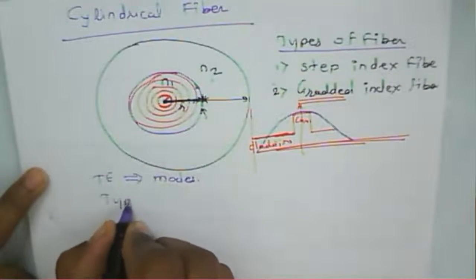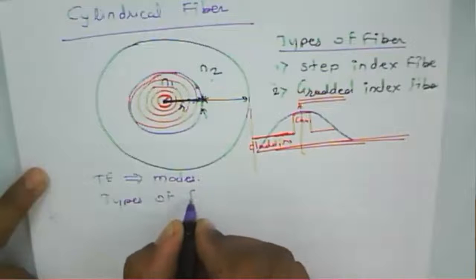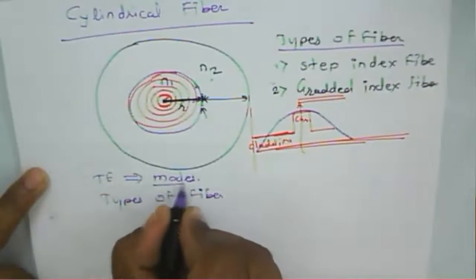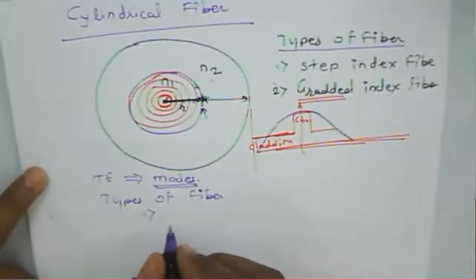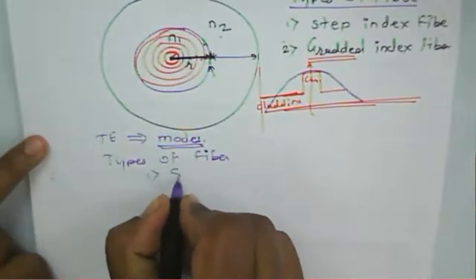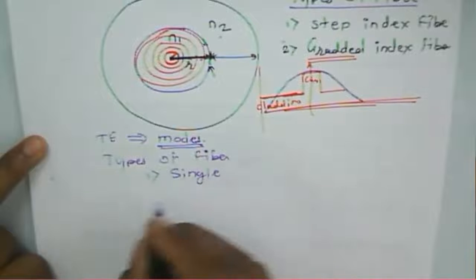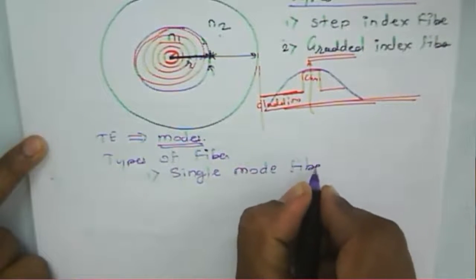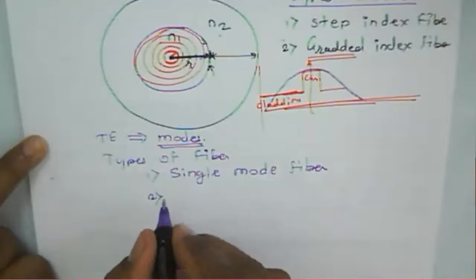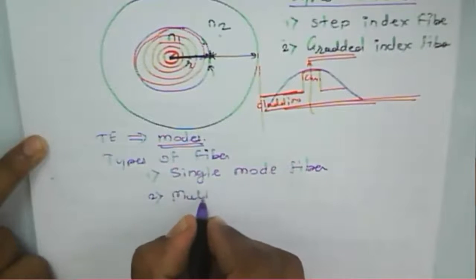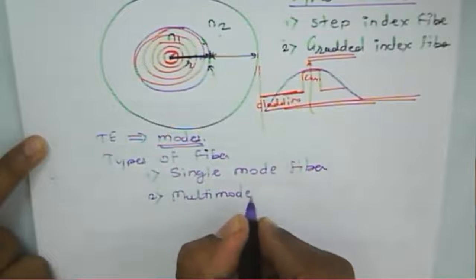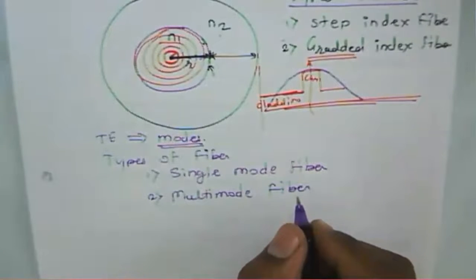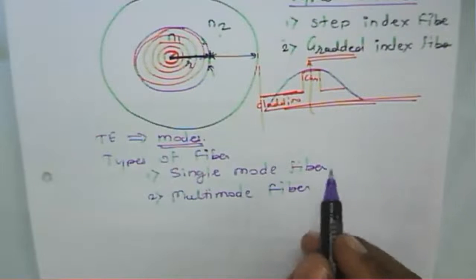And again, if you consider the types of fiber with respect to the mode, there are two types. One is called a single mode fiber, and the other is a multi-mode fiber.